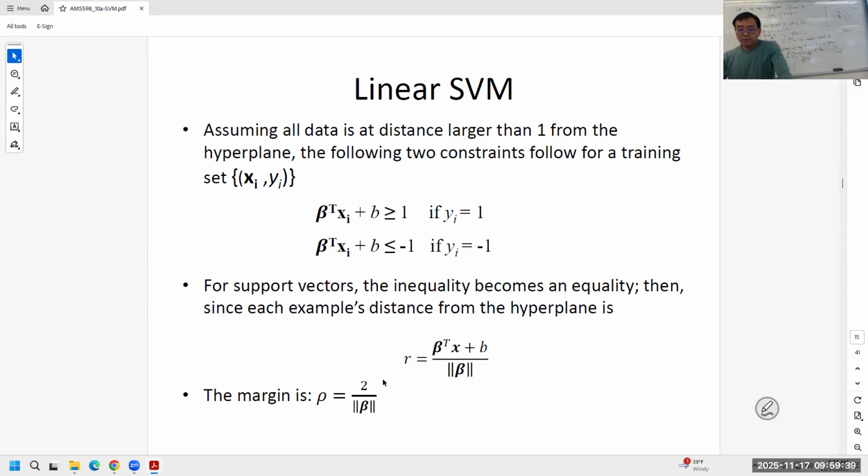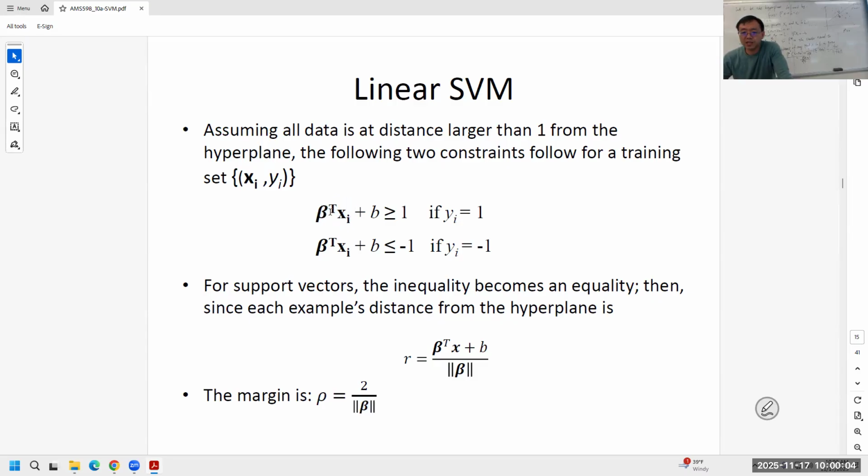Okay, it's good. So now you can see we established the relation between the margin rho and beta. Beta is our coefficient, a parameter we try to find, because beta defines our separation hyperplane.